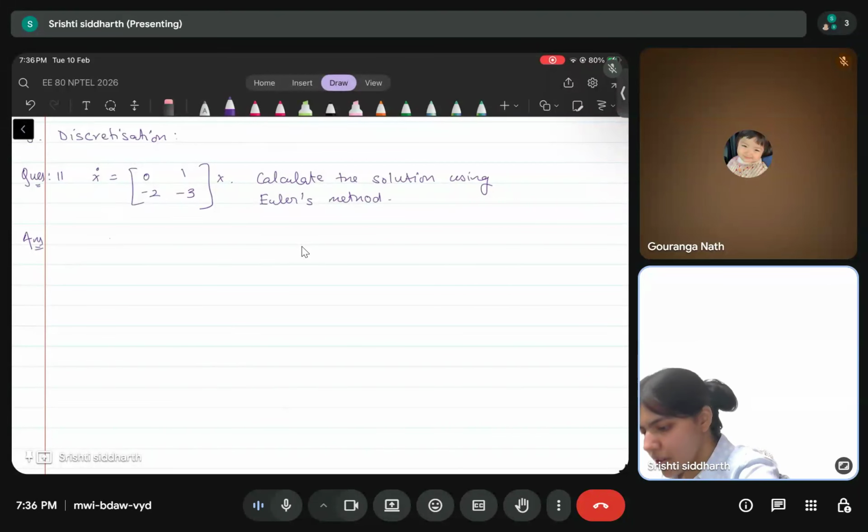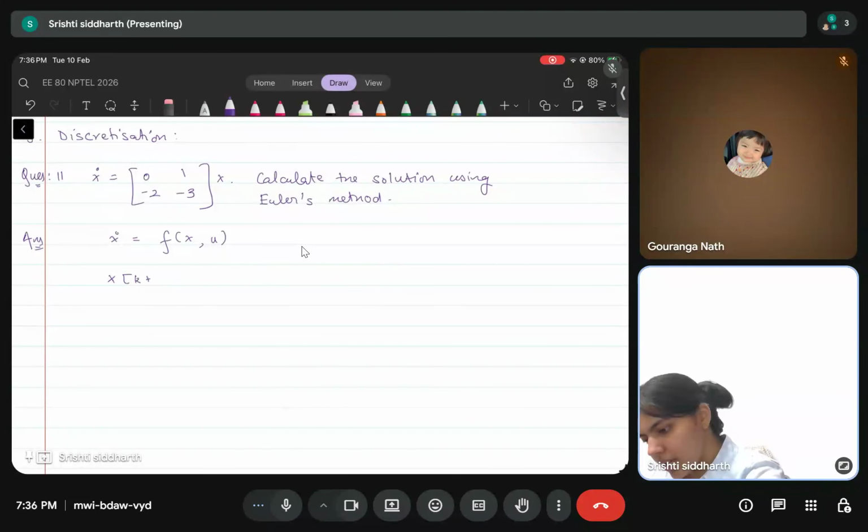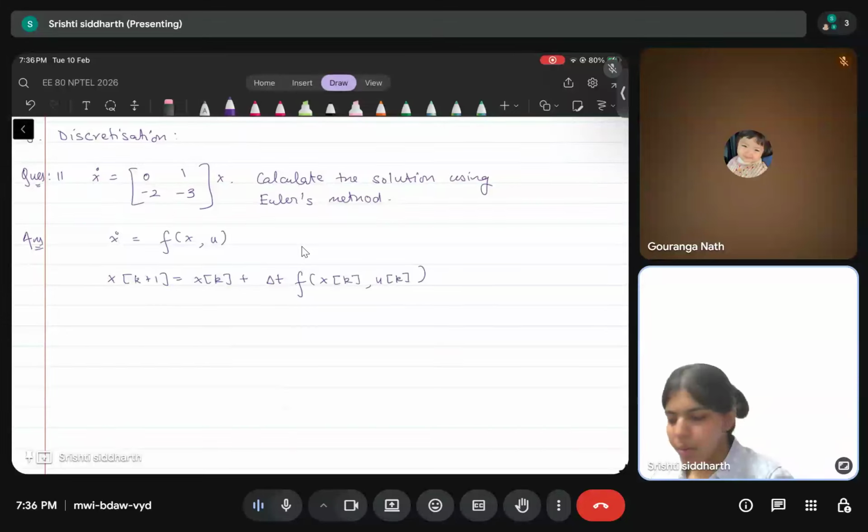For Euler's method, the general expression is, if we have x dot equal f of x and u, so if we have the u input also, then x at the next time instant is x at k plus delta t times f. We start from 0.